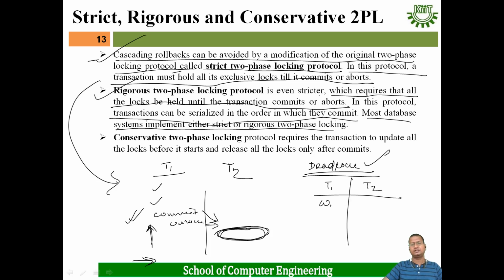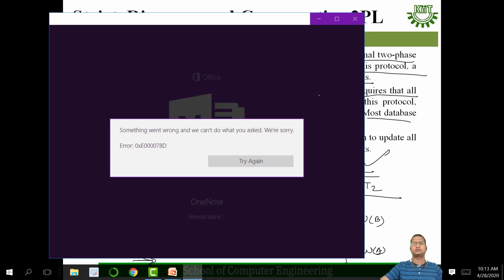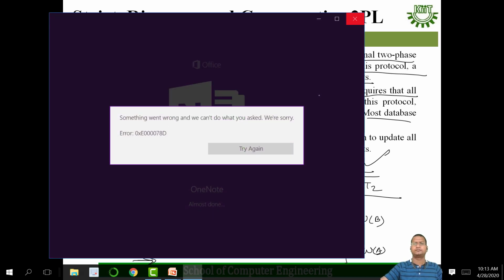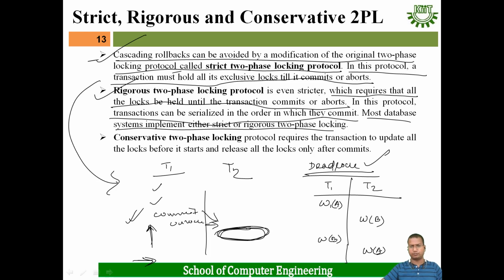T1 has write on A, then write on B. T2 has write on B, then write on A. Suppose such a schedule is there. S1 is a schedule with such instructions.